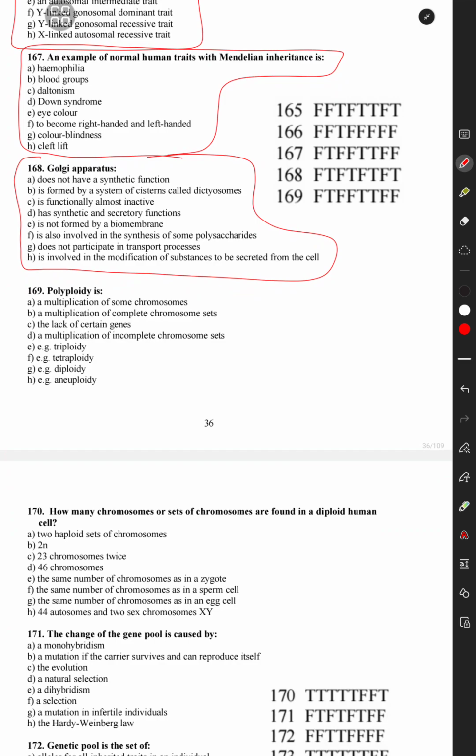Multiplication of incomplete chromosome sets.